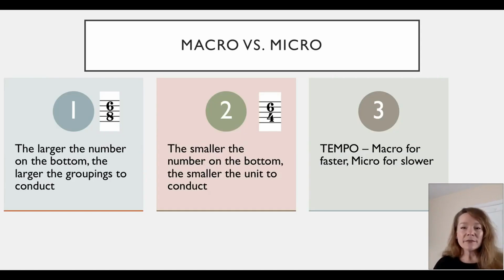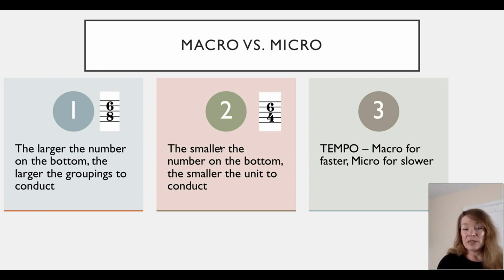So let's look at 3 guiding principles that will help to guide your understanding of which pattern to conduct in. So the first rule is the larger the number on the bottom, the larger the groupings to conduct. So instead of conducting the micropulse of 8, usually 6/8 is in the larger macropulse of 2.